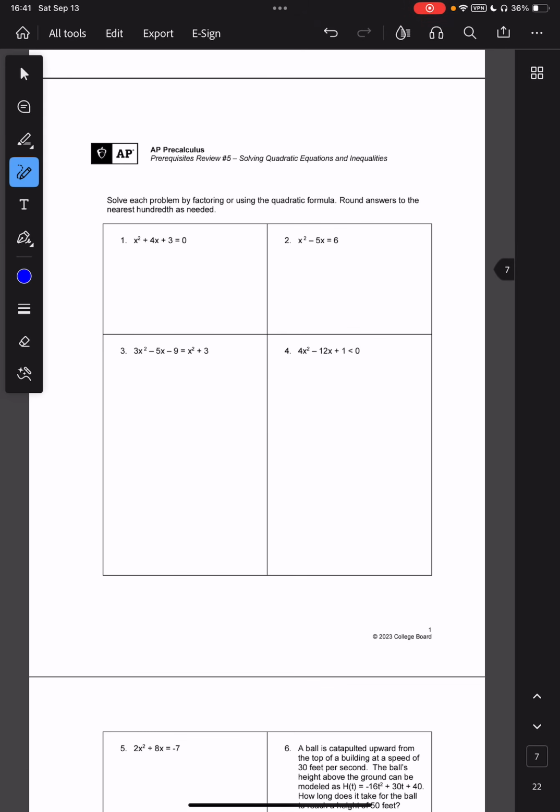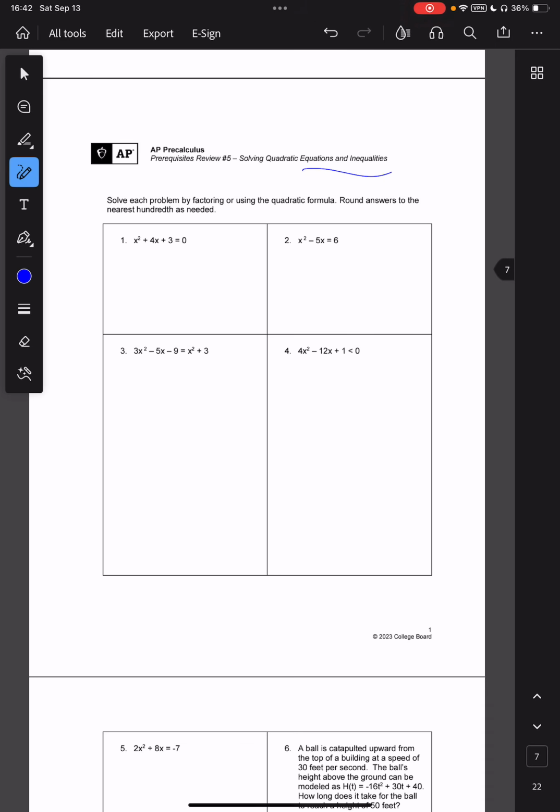Okay, so let's go to 5. 5 says that we are solving quadratic equations and inequalities. So we're going to solve each problem by factoring or using the quadratic formula, rounding answers to the nearest hundredth as needed.